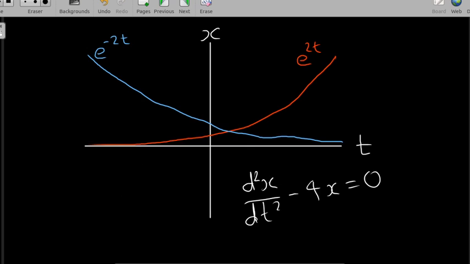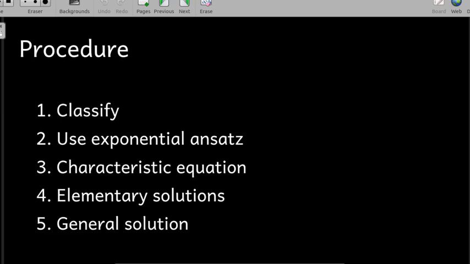So now, having worked through all of that, let's take another example. We'll just remind ourselves what the procedure was. First we had to classify the ODE, and see whether it matches the particular form we want, which needs to be linear with constant coefficients and homogeneous.